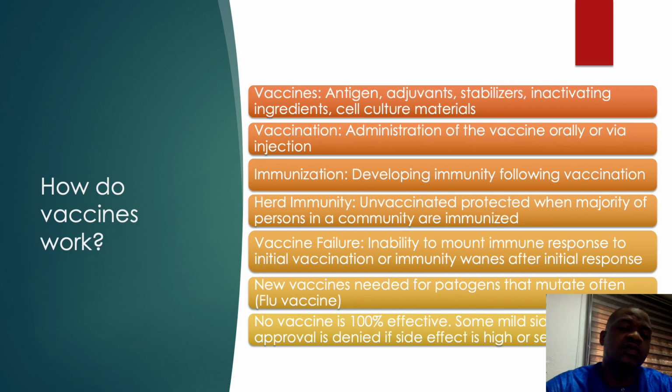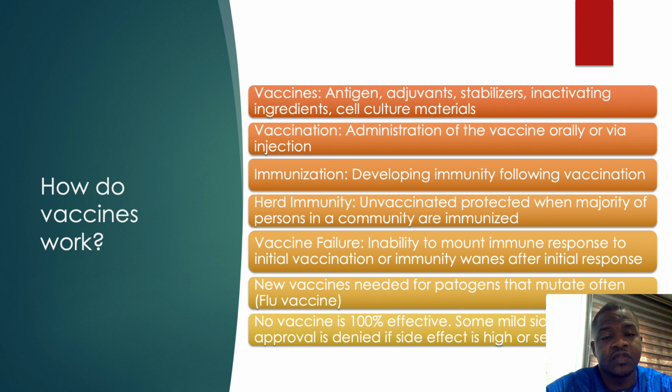So basically, how do vaccines work? The first thing is to know that it's not only the antigenic property that is used in developing the vaccines. You have the adjuvants, you have the stabilizers, because you have to keep these vaccines stable and efficacious, or working, between where it's produced and where it's administered, the last mile.